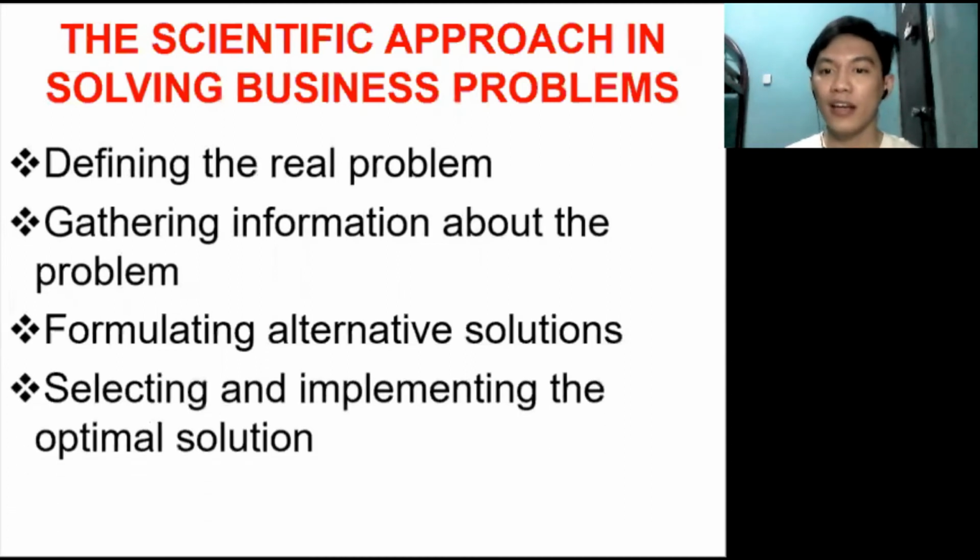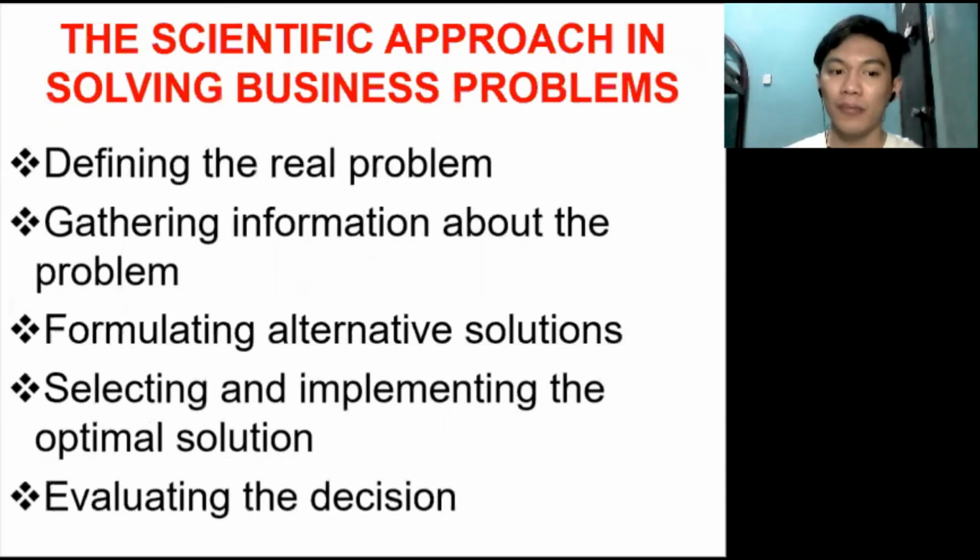You need to select and implement the optimal solution. Kung may na-formulate kang 5 solution, you need to select now. You need to select kung maganda yung solution na yon, you need to implement it. And after that, ma-evaluate mo na yung decision na yun. So, that is for the scientific approach in solving business problem.